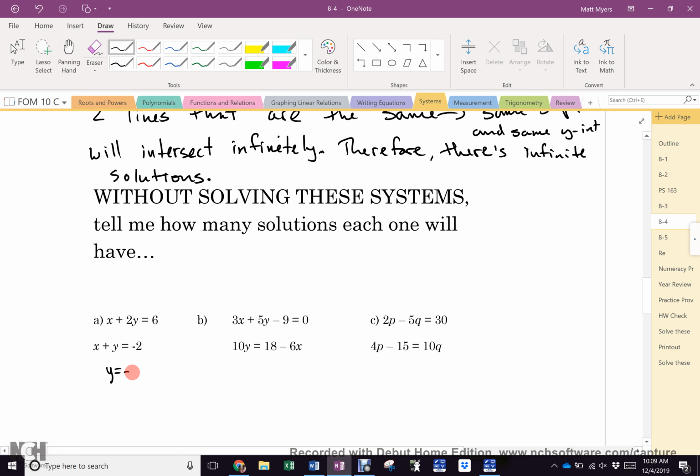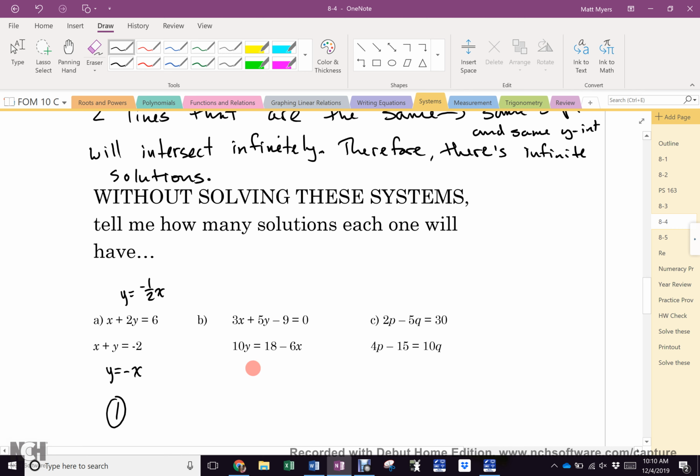Y equals negative x, right? And in the top one, y equals negative 1/2 x, right? Are those different slopes? Yes. So how many solutions? One. I don't even need to check.